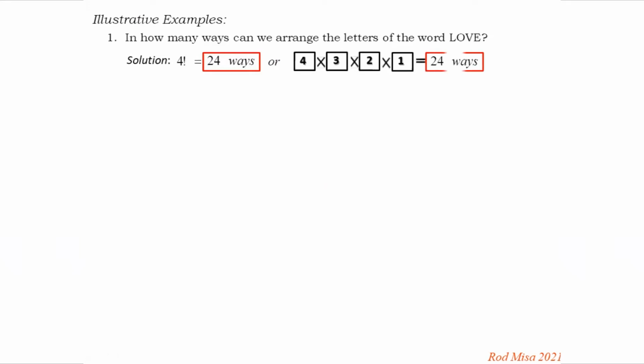So you can see that our answers are just the same. Our first solution uses the permutation theorem because we are arranging all the letters in the word LOVE, but we can still use the fundamental principle of counting by multiplying all possible occurrences.